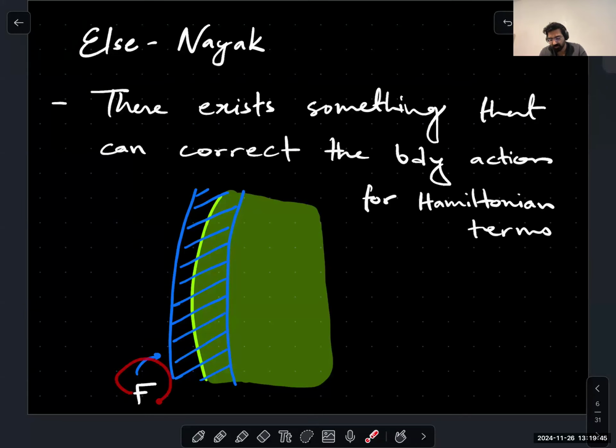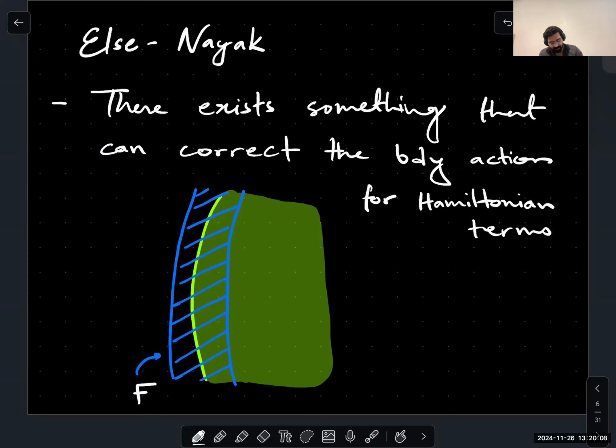I've chosen the operator F that is localized literally along this blue strip, and it corrects for the action of the symmetry.